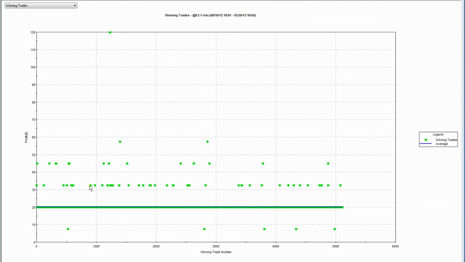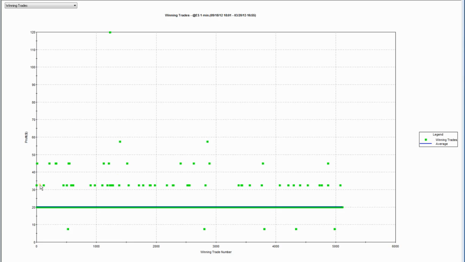And what you're seeing here is a scatter graph of the actual winning trades. You see there's a thick green line here at 20. Well, 20 is the net of the 2 tick trades. So even though it gave us some more trades, it wasn't a ton.